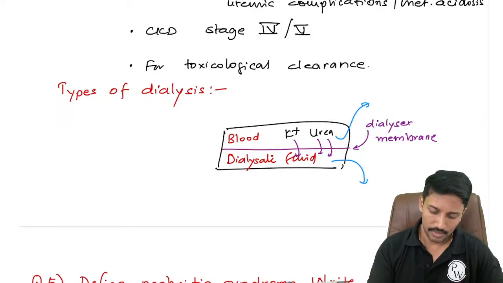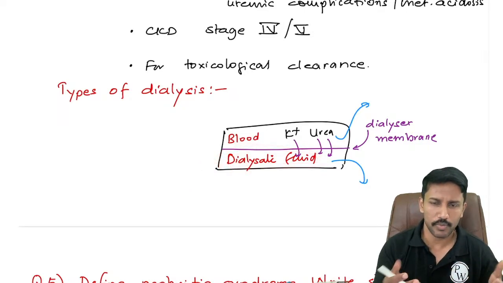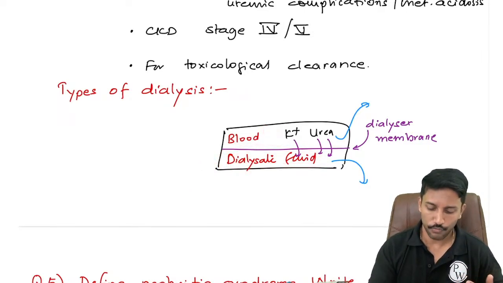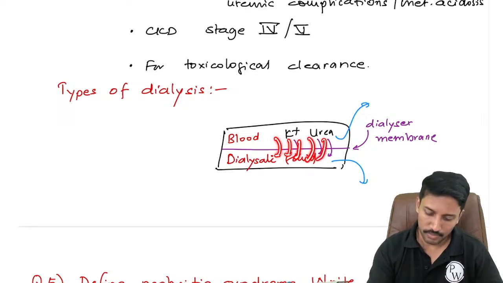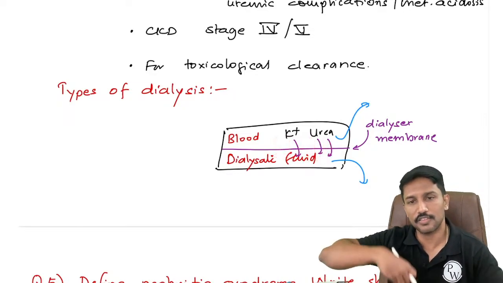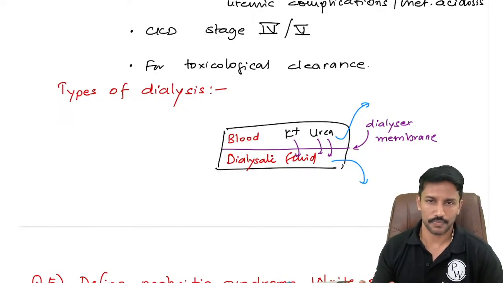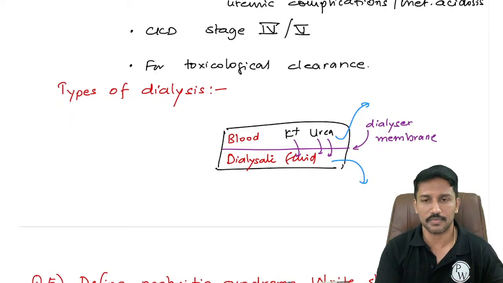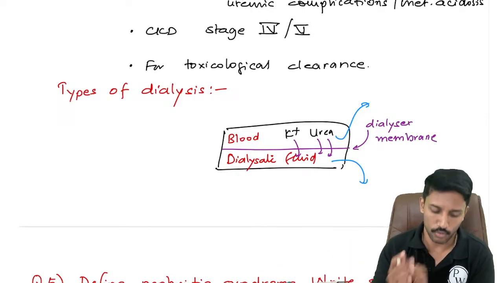So instead, I can directly put the dialysate fluid into our peritoneum. The peritoneum becomes the dialysate compartment and our blood vessels have the blood. So from our blood into that peritoneal fluid that I have added, the potassium, urea, everything will diffuse, and after the dialysis is done, I can discard the fluid. So this we will call peritoneal dialysis. When I make the blood go through an external chamber, we will call it hemodialysis.